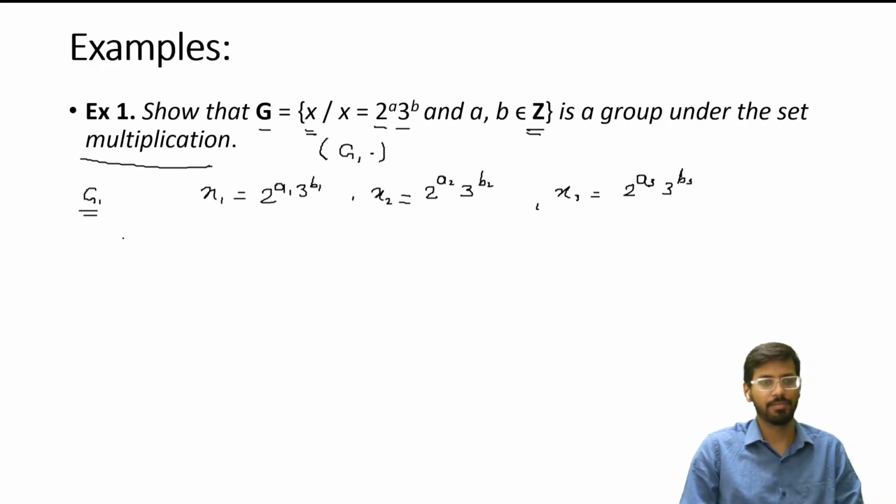For closure, we check x1 · x2. Here the bases are the same, 2 is the base, so the powers add: 2^(a1+a2), and 3 has the same base so the powers add: 3^(b1+b2). The sum of any two integers is an integer, because a and b belong to the set of integers Z. So this is also an integer, this is also an integer.